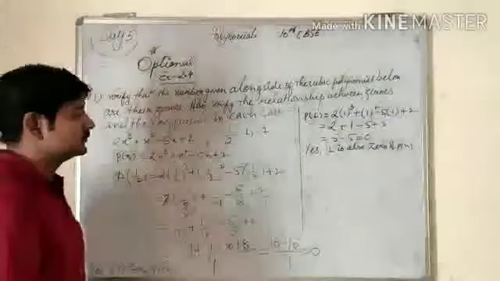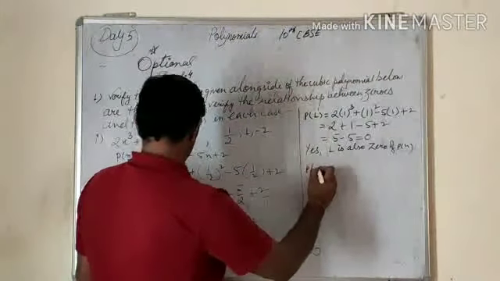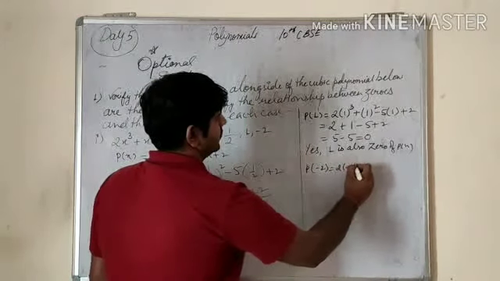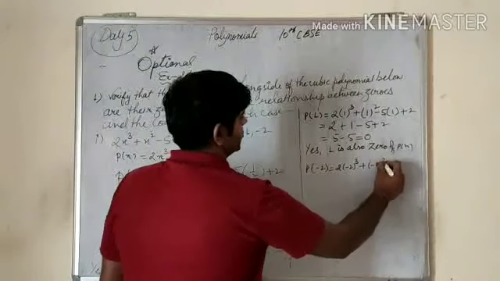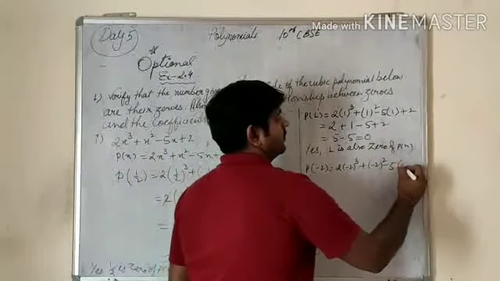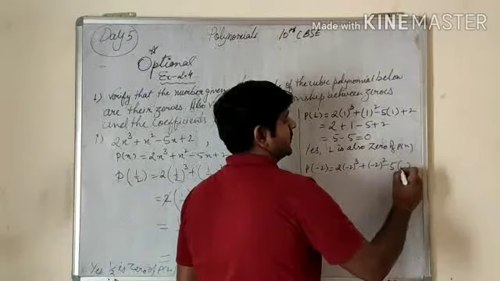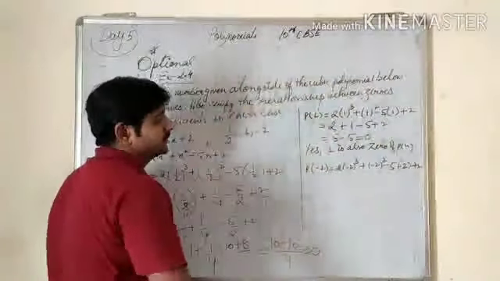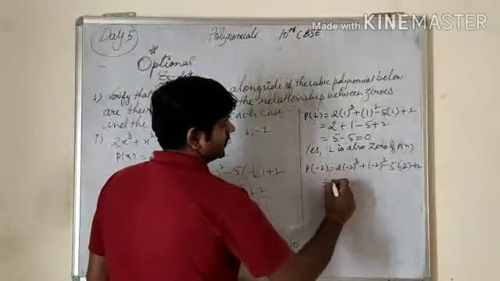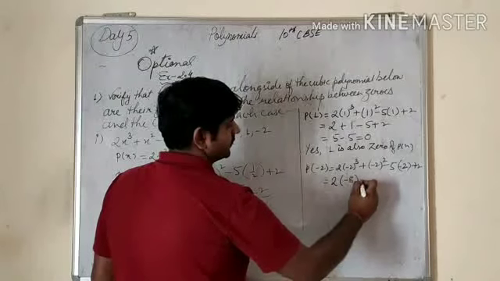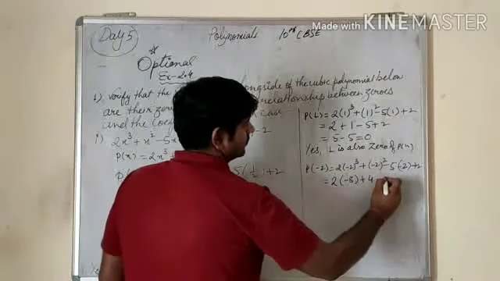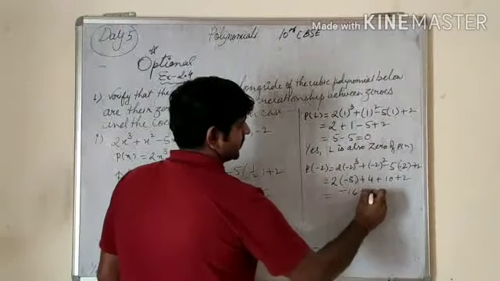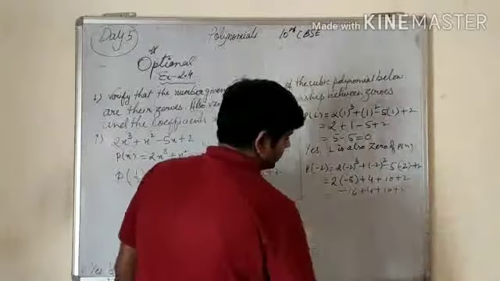Third, p of minus 2. So 2 into minus 2 cube plus minus 2 square, minus 5 into minus 2, and plus 2. If we open this, so 2 into minus 8 plus 4 plus 10 plus 2. So minus 16 plus 4 plus 10 plus 2.